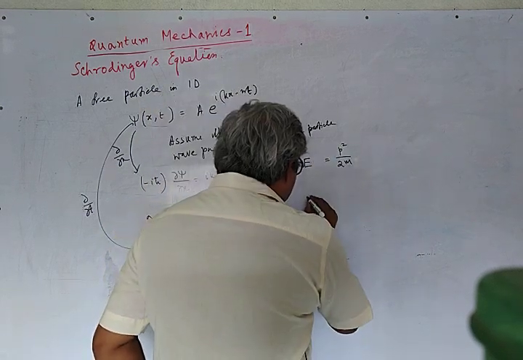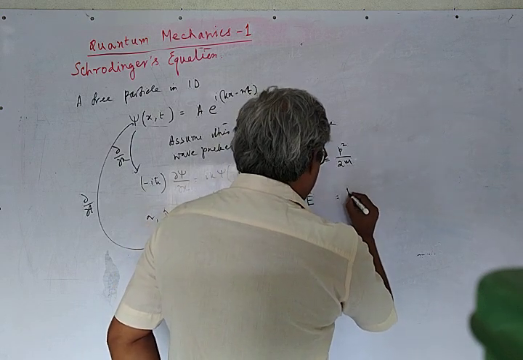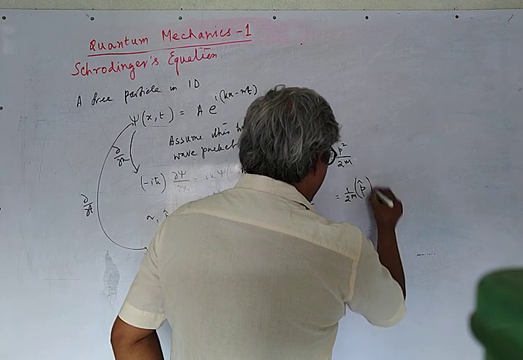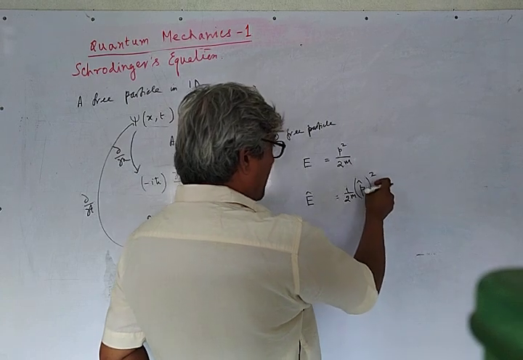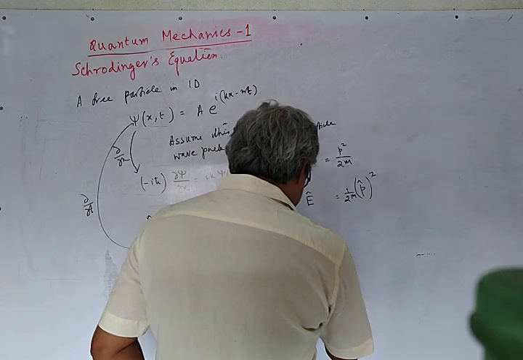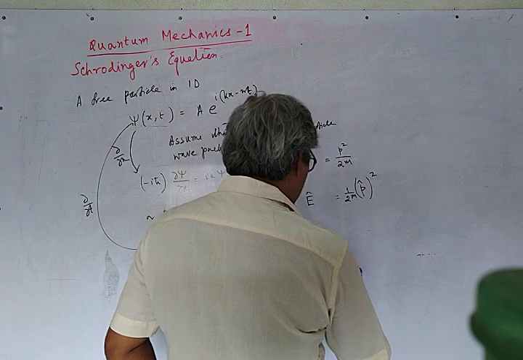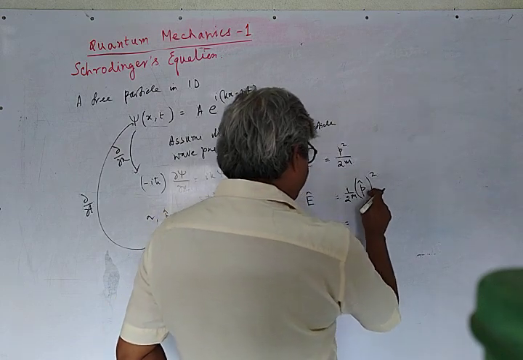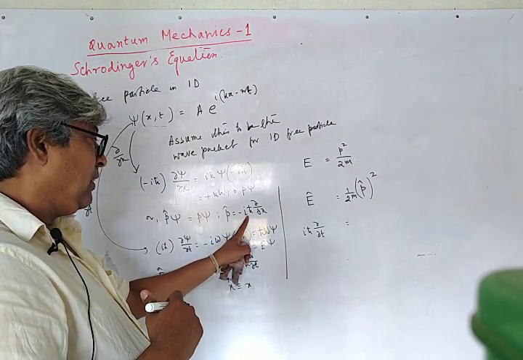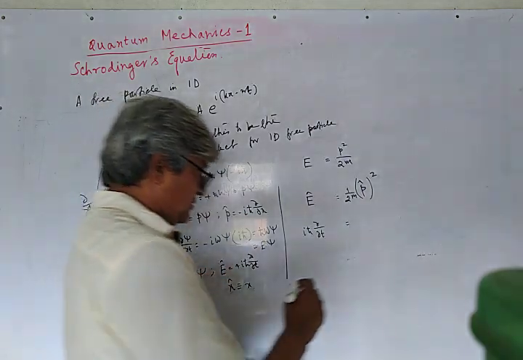If we replace E by the E operator, and 1 by 2m will be there, and p by the p operator squared. Operator squared means the operator acting twice. So we write i h cross del t, and on the right we have the p squared operator. If we operate twice, this is h cross, and operating twice gives i squared, which is minus.